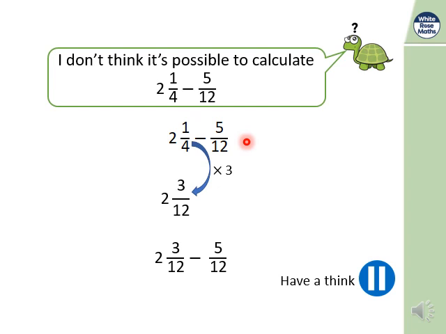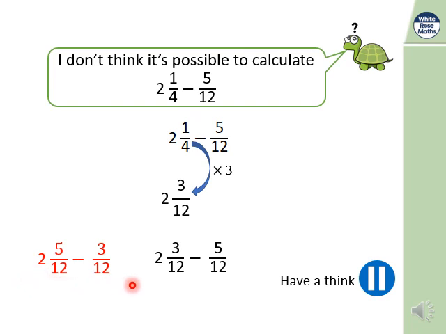Now, the reason our lesson is called Breaking the Whole is because of this type of question. On Wednesday, we might have looked at the question like this: 2 wholes and 5/12 take away 3/12. And really all we would have had to have done was 5/12 take away 3/12, and the whole number would have stayed the same.